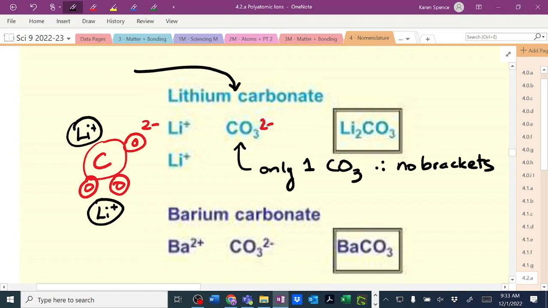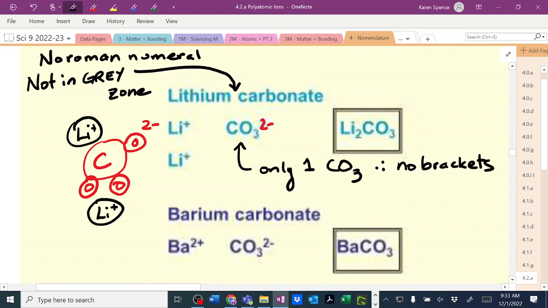Why is there no Roman numeral? Because it's not in the gray zone. Now, sometimes people, when they look at this formula, they think, oh, there's a little 3 there.